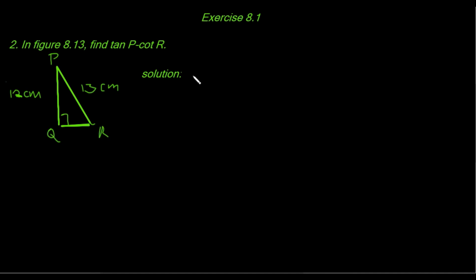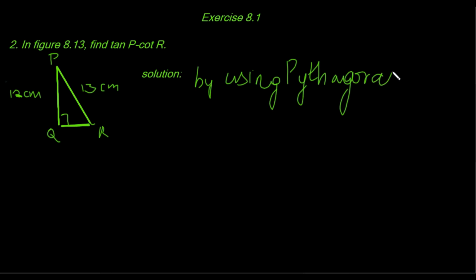By using the Pythagoras theorem, we have to find the side QR. So the formula is going to be PR square is equal to PQ square plus QR square.